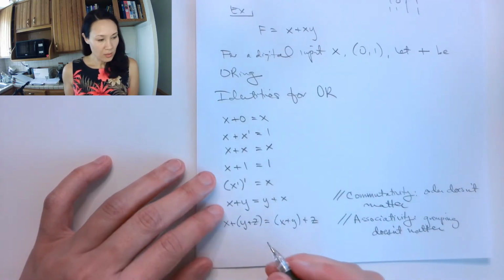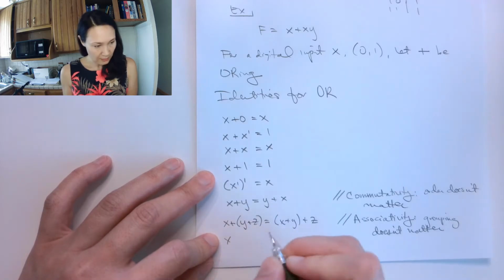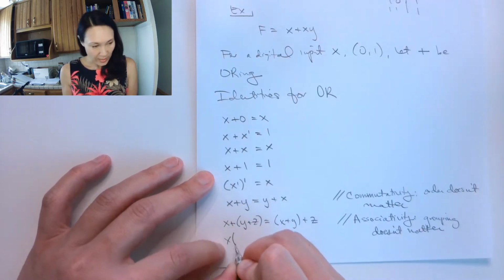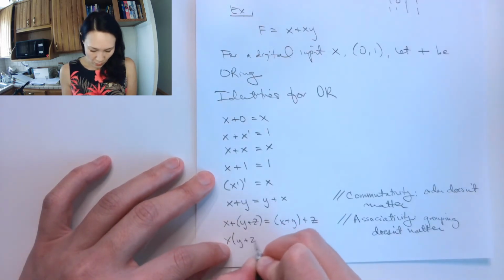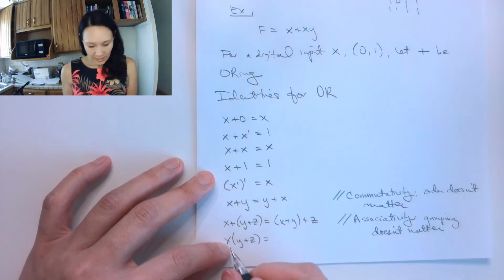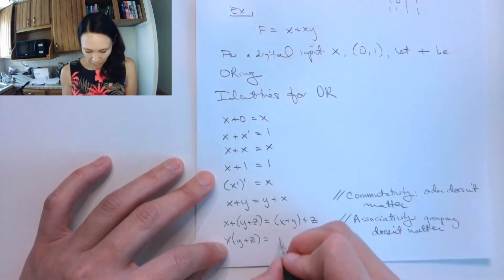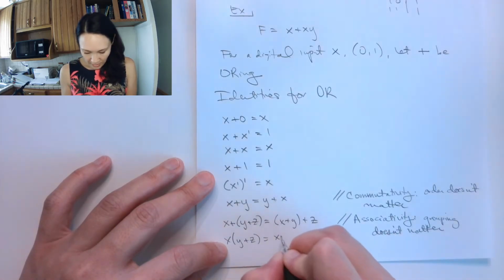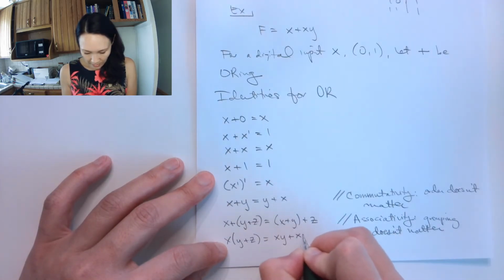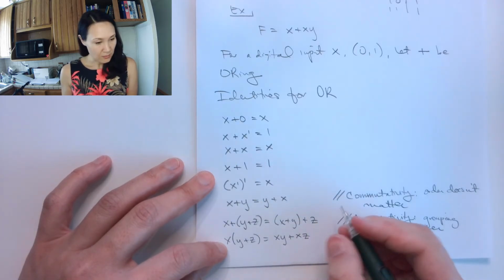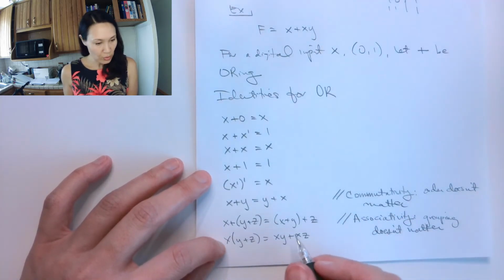Okay, the next one that we have is if we have x and we AND that with y OR z, we can distribute this x just like we did in regular algebra. So this is equivalent to x and y or x and z, and this one is distribution.